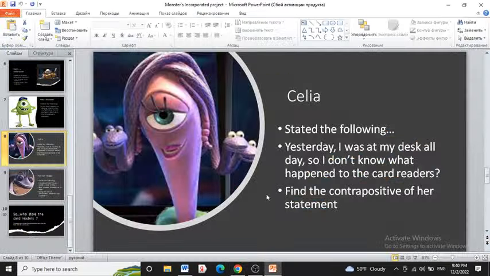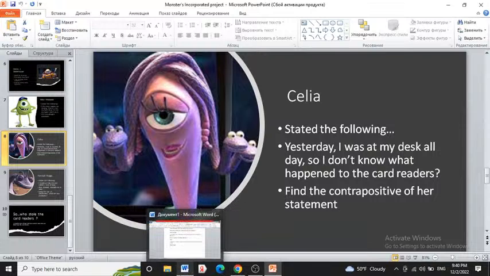Alright, so Celia, find a contrapositive of her statement. So refer back to the table. And I wish I could pause my thing here. Oh, I know what I can do.